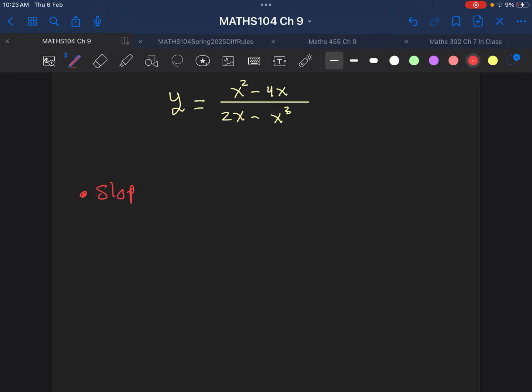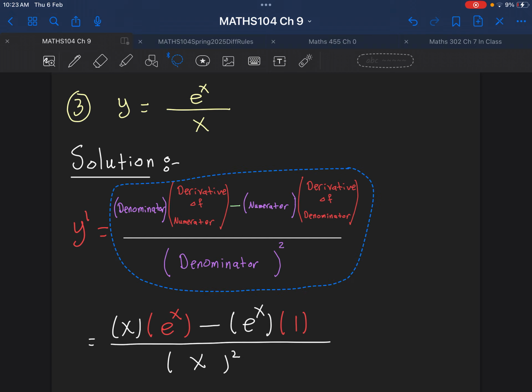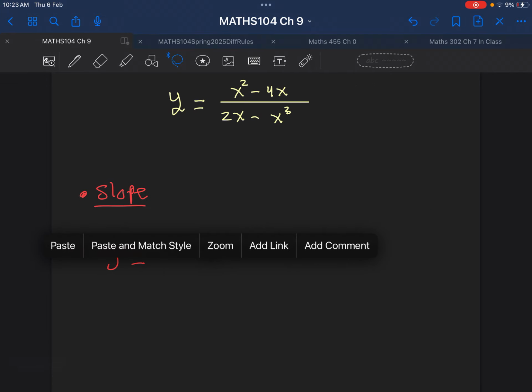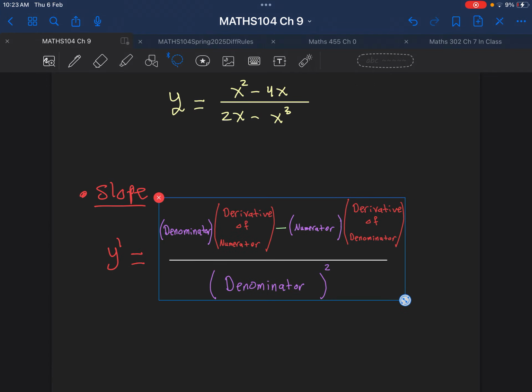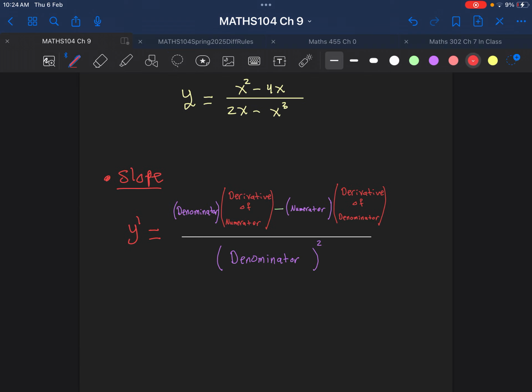So, step number 2, slope. In order to find the slope, we need to find y prime. And remember, y prime has a formula that we can use, because it's a quotient, so we can just take this formula and paste it here. And now things are getting easier.